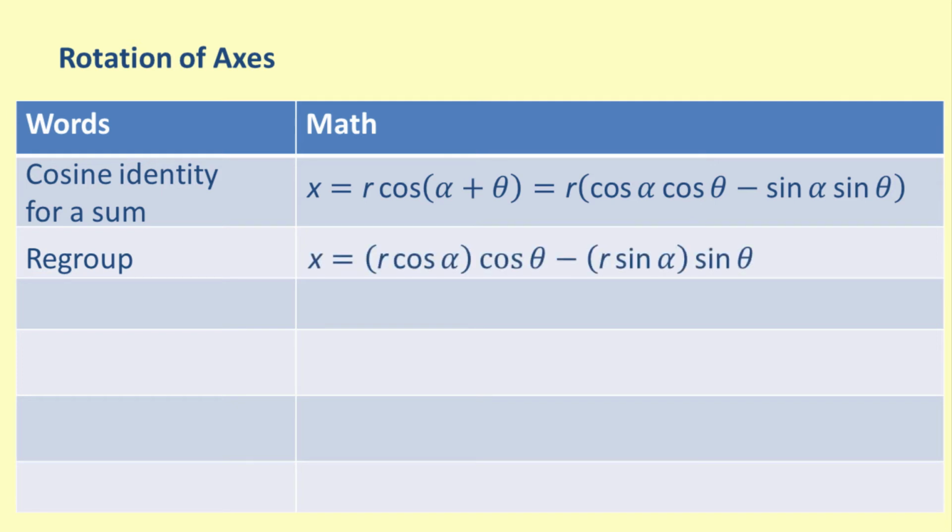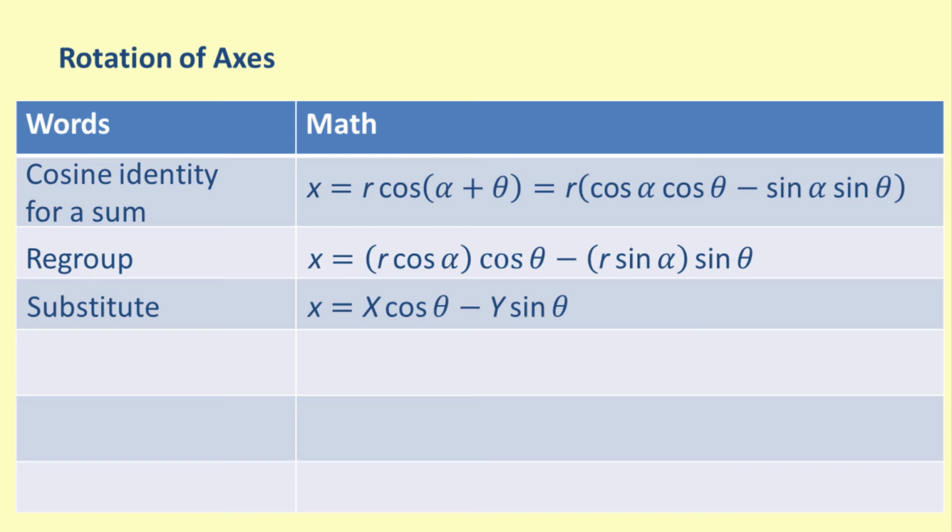So, x equals the quantity r times cosine of alpha times cosine of theta minus the quantity r times sine of alpha times sine of theta. Then, substitute according to the relationships. Capital X equals r times cosine of alpha and capital Y equals r times sine of alpha. This gives us the rotation of axes formula for x. So, x equals capital X times cosine of theta minus capital Y times sine of theta.